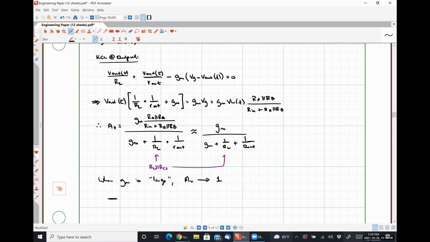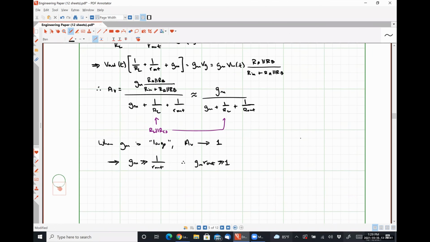And to make GM large, we need to understand what we're comparing it with, right? So we need GM to be much larger than 1 over R out, which implies that our transconductance times our output resistance needs to be much greater than 1. This will occur naturally in almost every case.